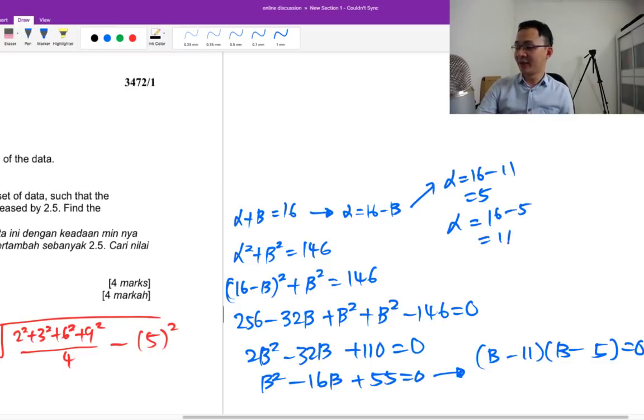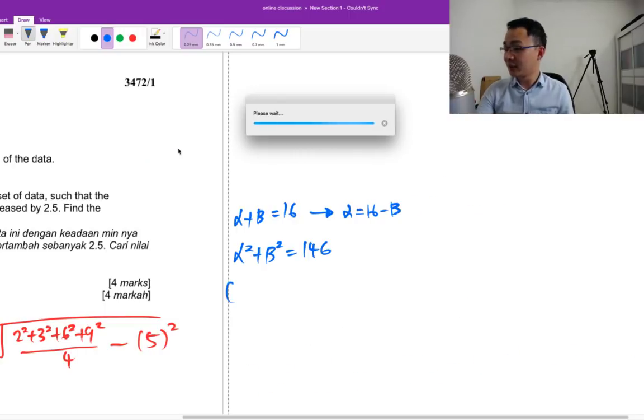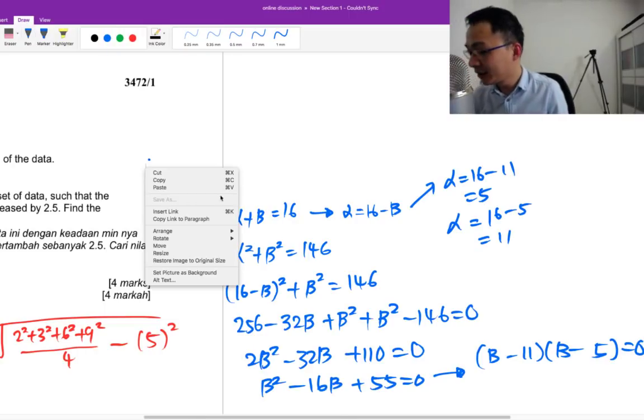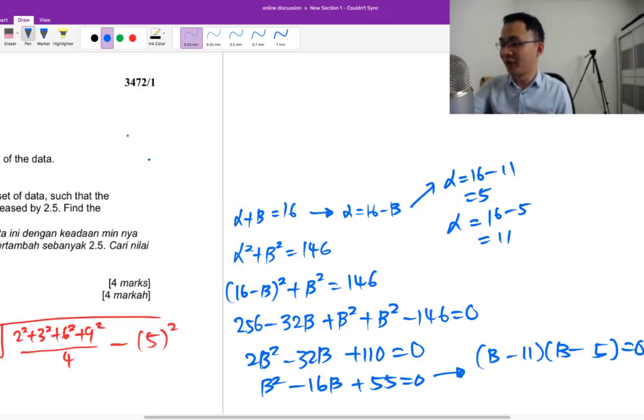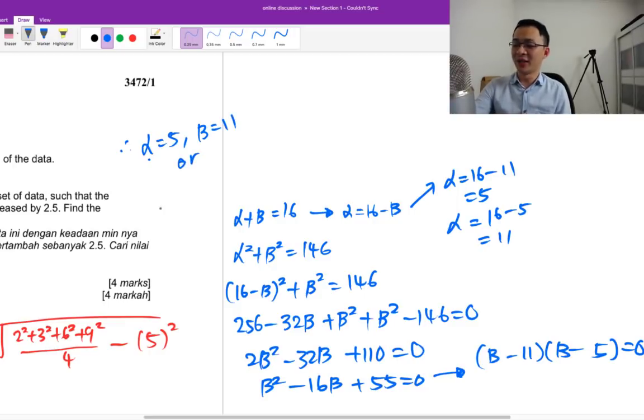I think it can be either one. Therefore, you just say, when alpha equals to 5, your beta will equal to 11. Or you can say alpha equals to 11, beta will equal to 5. You choose any of these.